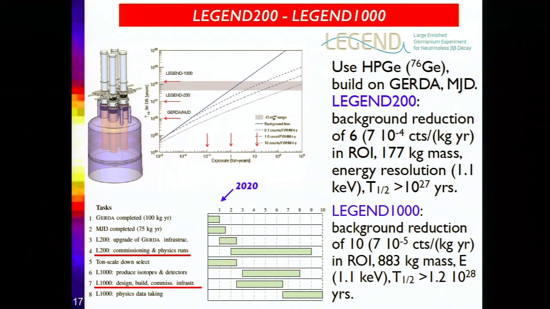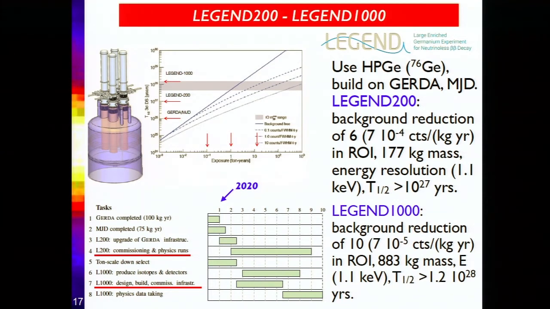This is LEGEND. It is due to start in a couple of years' time, with commissioning and then the physics run, and it uses germanium-76. You see the mass. This is LEGEND-200, 177 kilograms of mass, and then its successor will have several modules reaching roughly 1 ton.